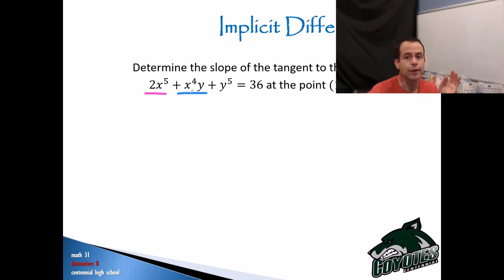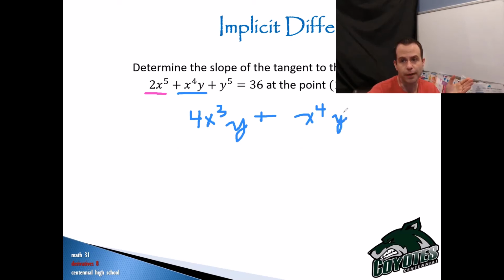The derivative of f is 4x to the 3, times g, plus f, so x to the 4, times the derivative of g, which is the derivative of y.